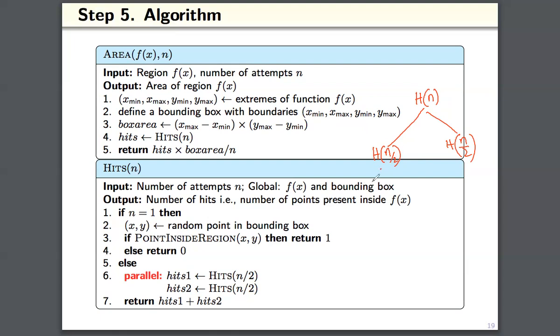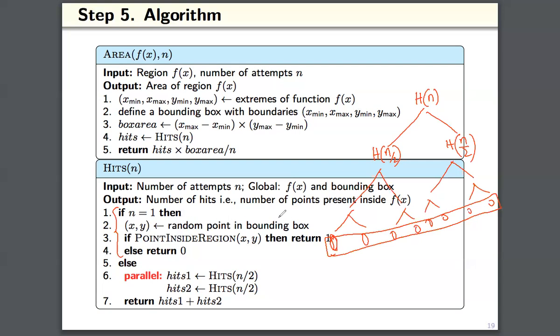A recursive call like this, and again split it such that n is equal to 1 point. This is the base case. All n points will be here. In the base case, what happens?